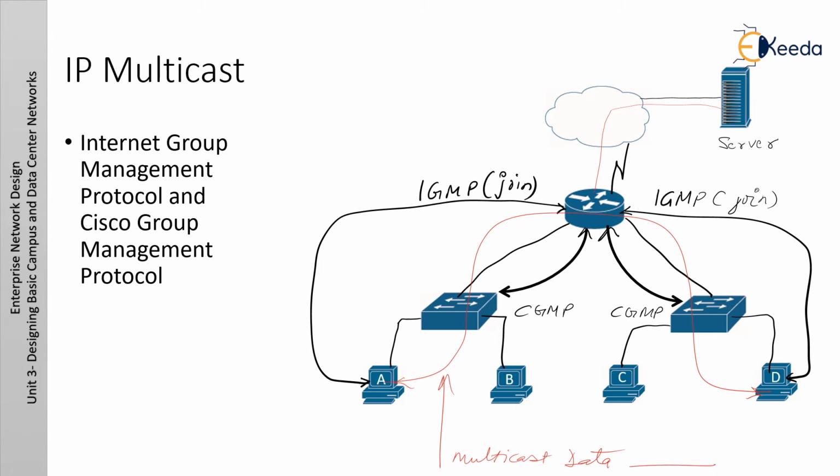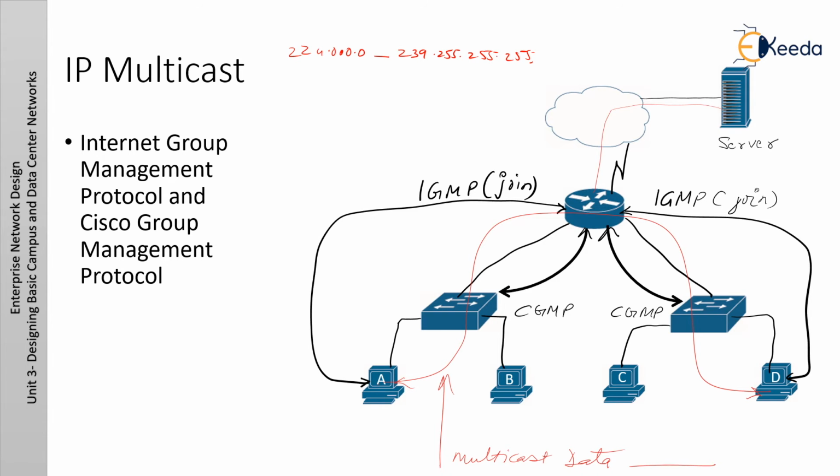Multicast groups are identified by Class D IP addresses, as you know, which are in the range from 224.0.0.0 to 239.255.255.255.